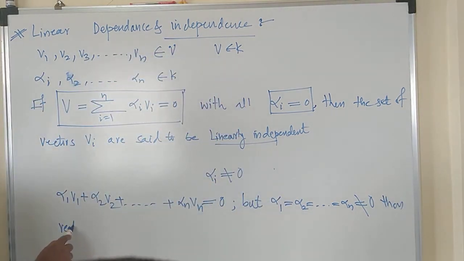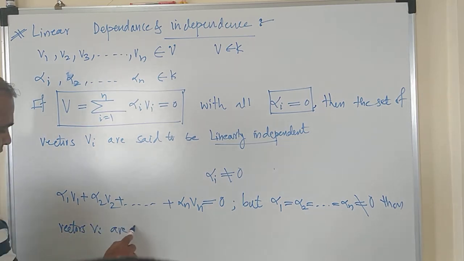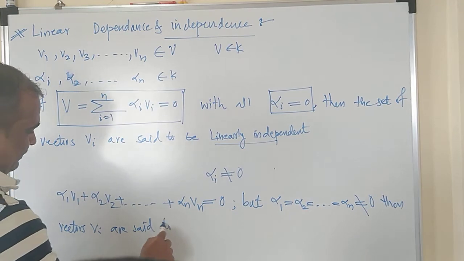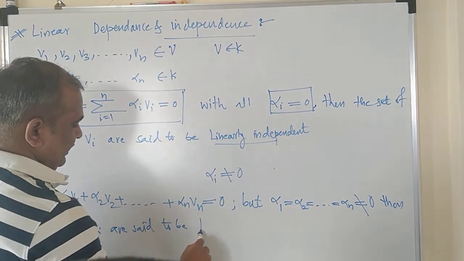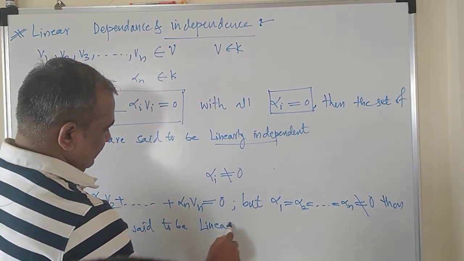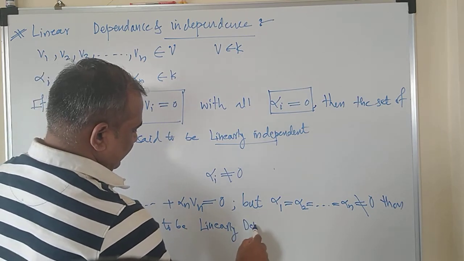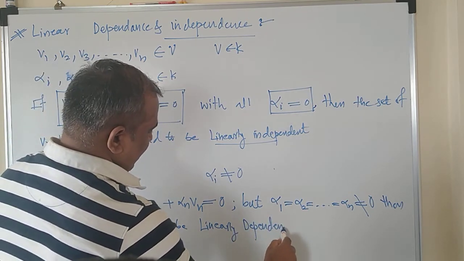Then the vectors vi are said to be linearly dependent, right? Now let us solve some problems based on this.